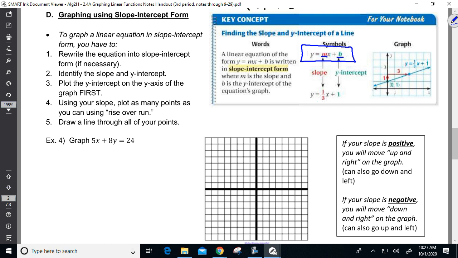So for example 4, we have 5x plus 8y equals 24. So if we are using slope-intercept form, step 1, rewrite the equation into slope-intercept form if necessary. For this equation, it's definitely necessary because that's not slope-intercept form, that's standard form.